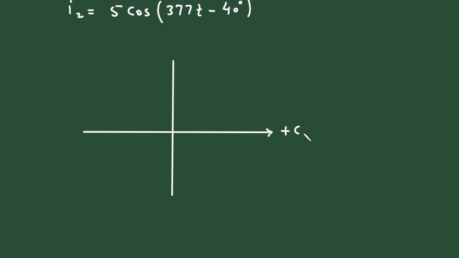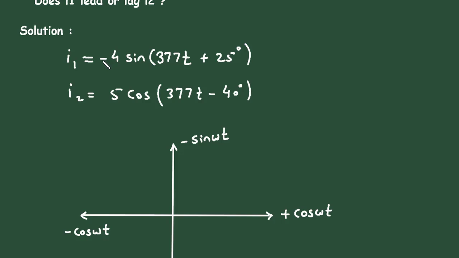So this is positive cos omega t, this is positive sin omega t, this is minus cos omega t, and this is negative sin omega t. Now we want to convert this minus sine into this cos.